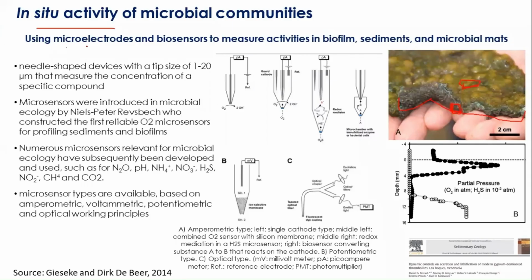The first one is to use microelectrodes or biosensors. Here we have micro sensors, because these are very fine needles where, depending on the different sorts of reactions, you will be able to find oxygen production, or nitrous oxide, pH, ammonia, nitrite, hydrogen sulfide and so on, or carbon dioxide release.